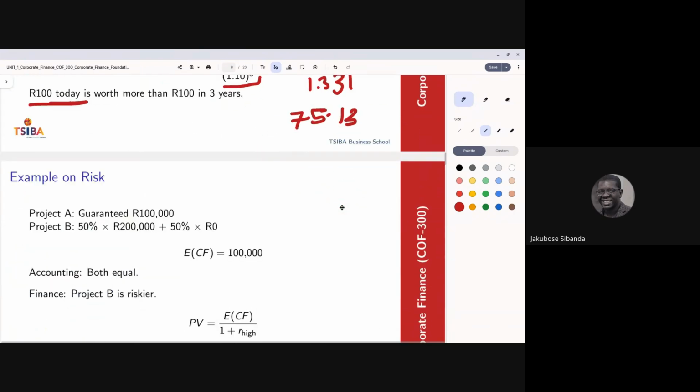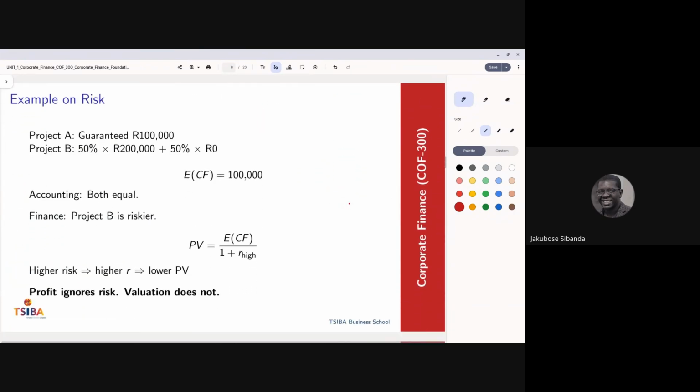Right. So I've got an example here. I've got 2 projects. Project A is guaranteed 100,000, but for project B, there's a 50% chance that I'll get 200,000 and a 50% chance that I'll get 0. So project B is what we expect.